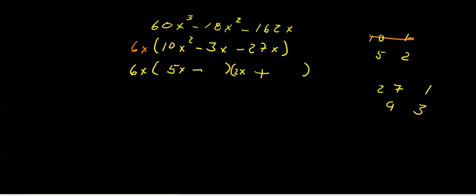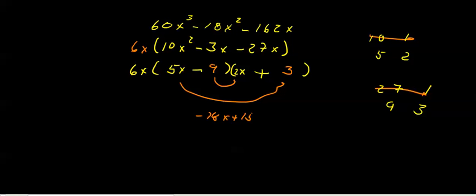As you see, having an eraser is definitely a help. And down to our last possible choice. The 9 goes here, or the 9 goes here. 9 and 3, minus 18 plus 15, minus 18x plus 15x equals negative 3x. I want negative 3x. I'm good to go. I've got my final answer.